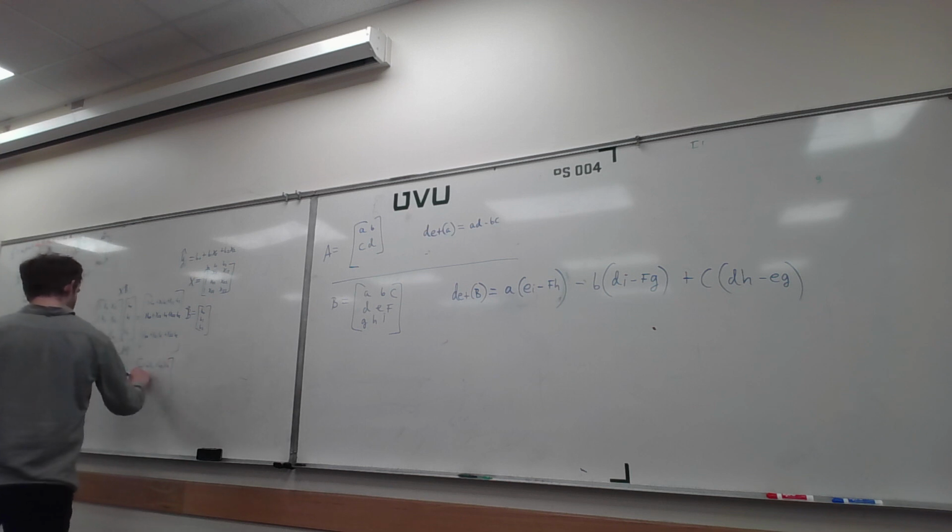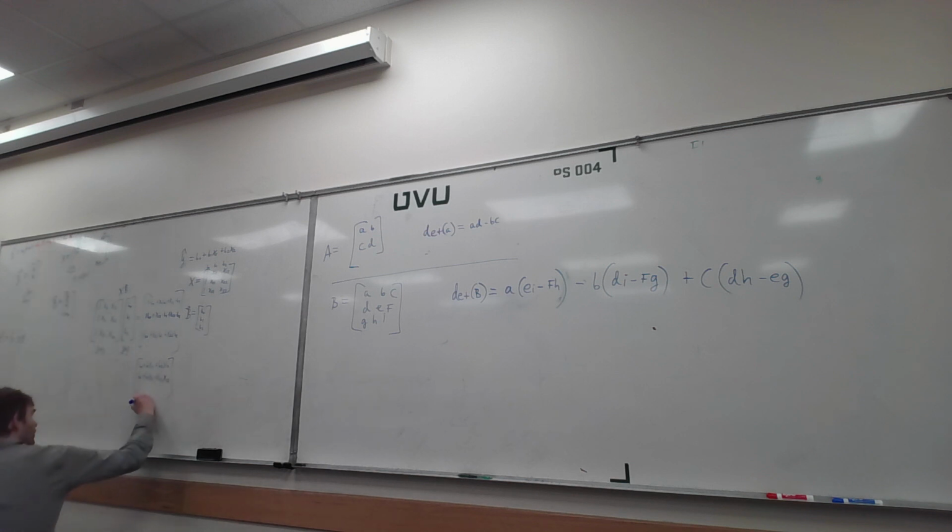The second one is beta naught plus beta 1, x2, 1, plus beta 2, x2, 2, and finally beta naught plus beta 1, x3, 1 plus beta 2, x3, 2. Agreed?